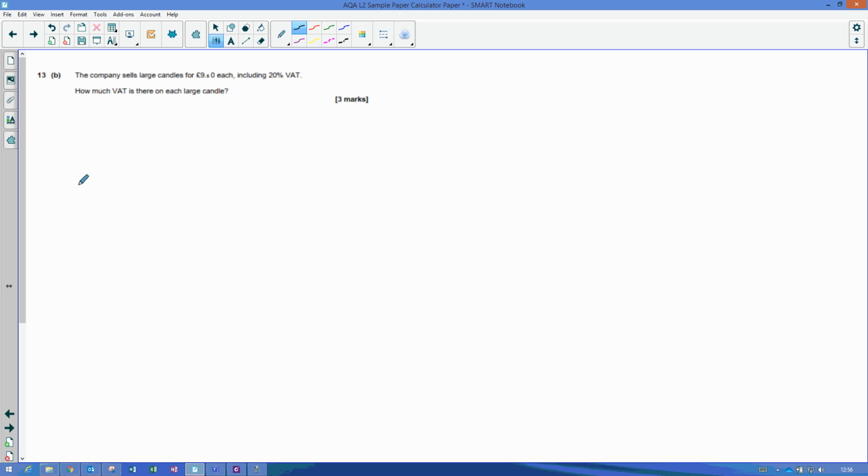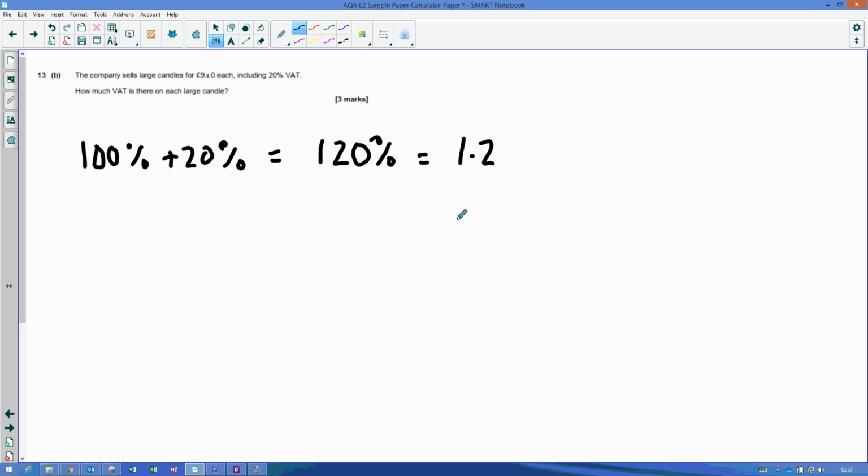The original price of the candle without VAT is 100%, the full price of the candle, which is what we're interested in. Add on 20% VAT, and what we're dealing with here, the 9.60, is 120%, and we can convert that into an ordinary number as 1.2.